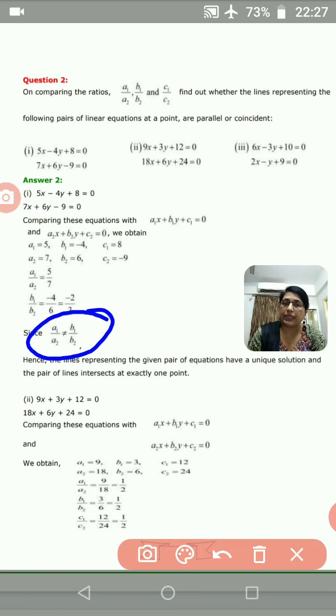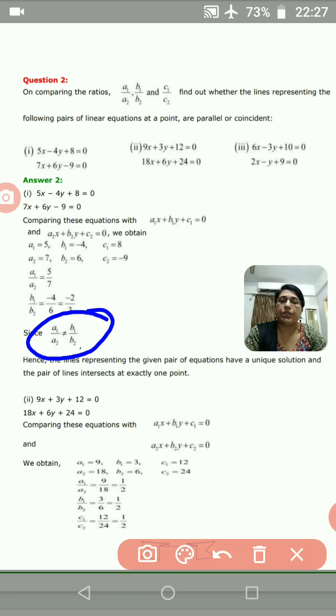And as we see in the table, if A1 upon A2 does not equal B1 upon B2, then we will have a unique solution for these equations. So we can say that they are intersecting lines, intersecting in exactly one point.